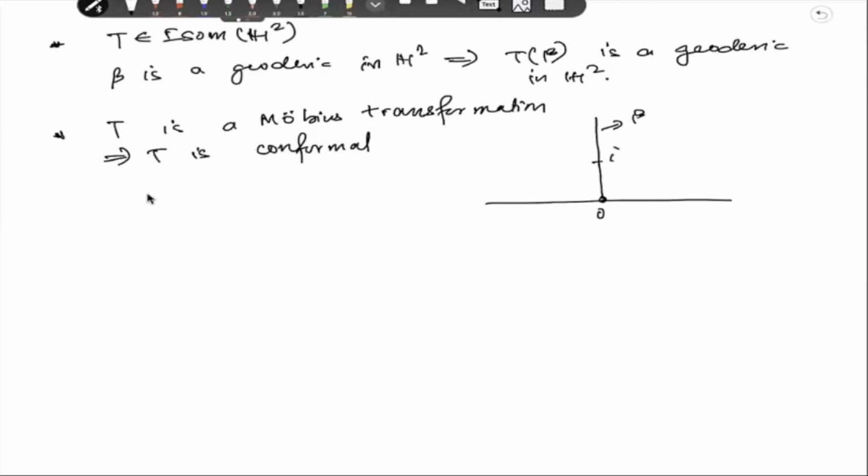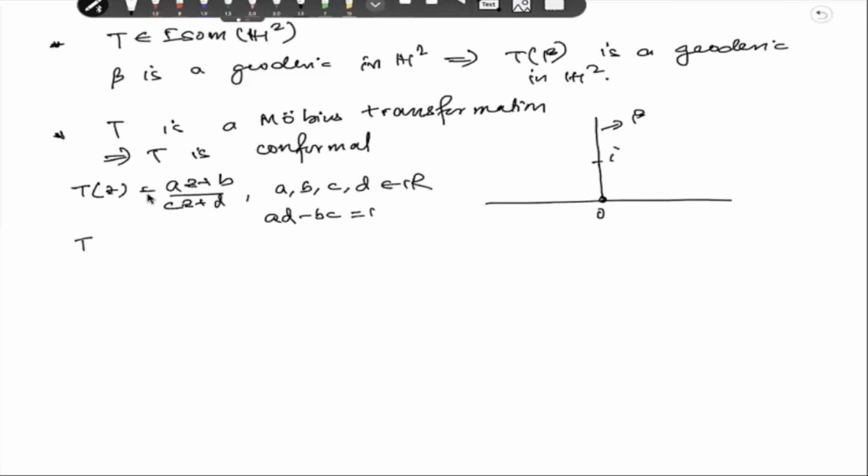So let us take T to be an element of PSL(2,R). So let us take T(z) to be (Az plus B) by (Cz plus D), where A, B, C, D are real numbers, and AD minus BC is equal to 1 because we are taking A, B, C, D in SL(2,R).